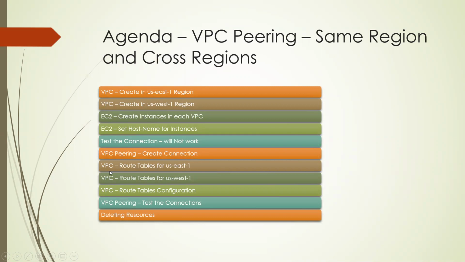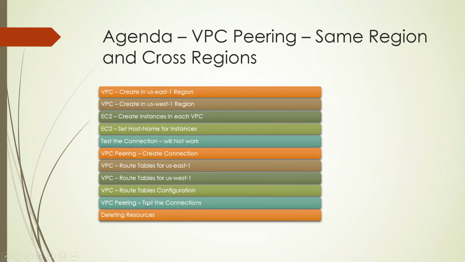And after that, we need to update the route tables also for the VPCs in US East 1 and US West 1. After configuring the route tables, we will go to the VPC pairing and again test the connections. Last time it failed, but when we go again and test the connection here, we will get a successful connection.